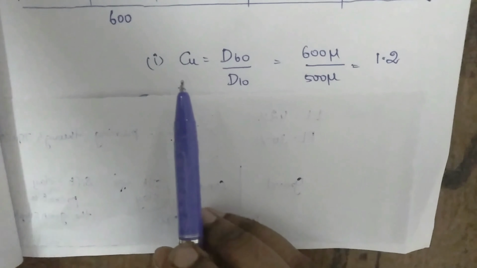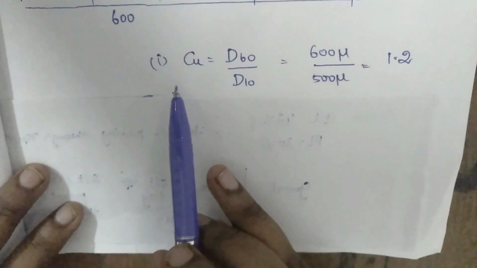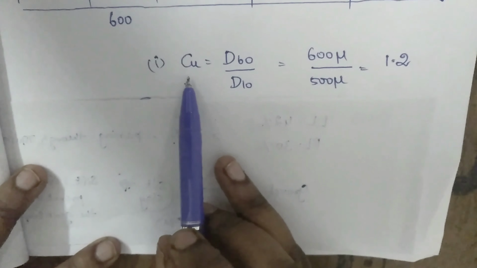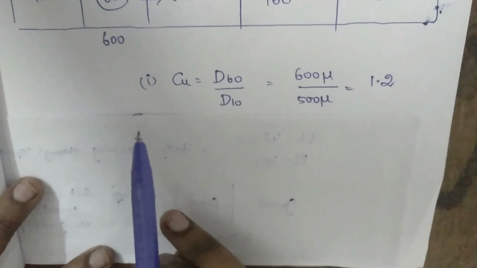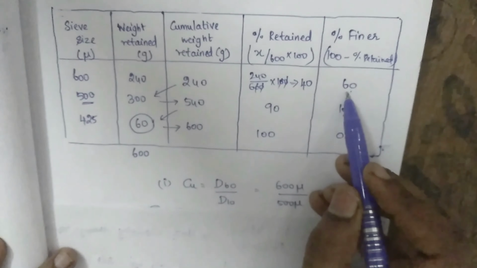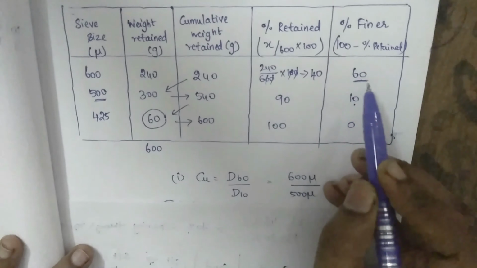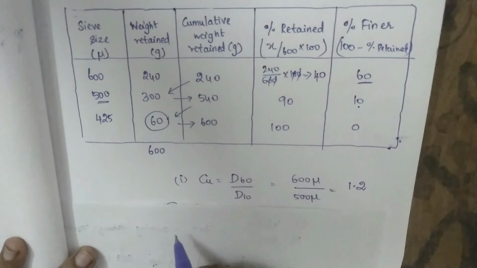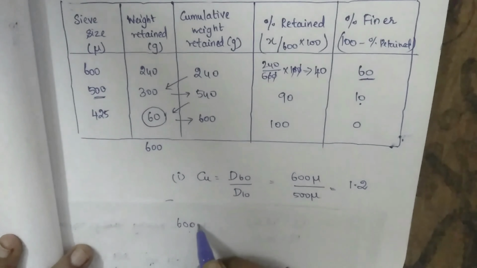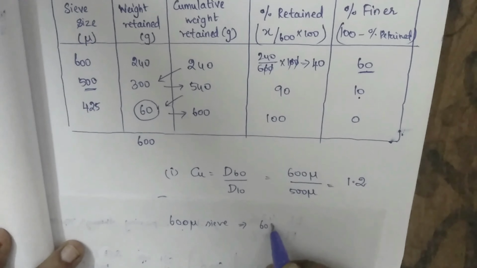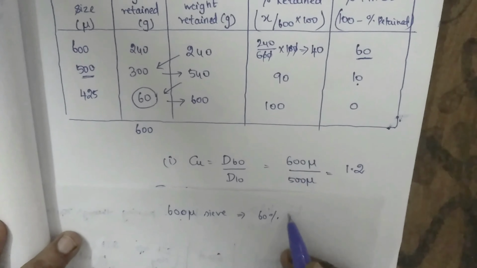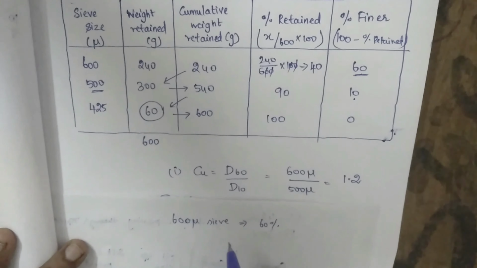Having determined the value of Cu, we need to classify whether the soil is sand or gravel, and then classify it as well graded or poorly graded. For 60% finer, we have the 600 micron sieve, that is, 60% passes through the 600 micron sieve.